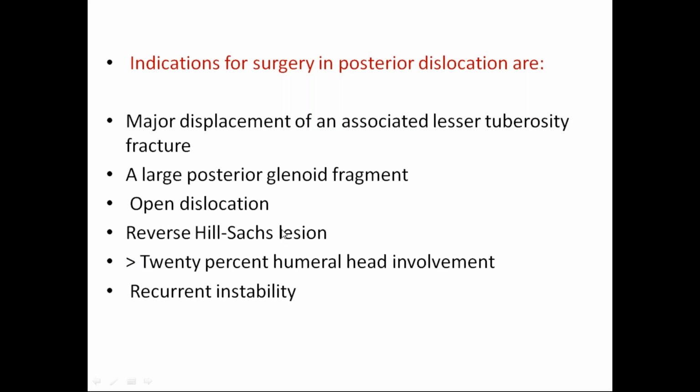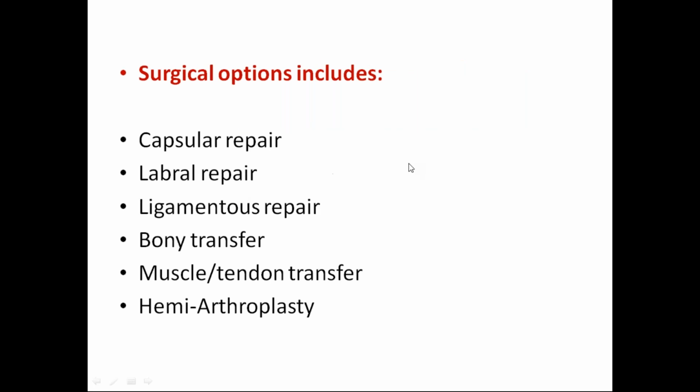If the dislocation is an open dislocation, and with the fracture involving the anteromedial aspect of the humeral head, that is reverse Hill-Sachs lesion, and recurrent instability. These are the indications for surgery.